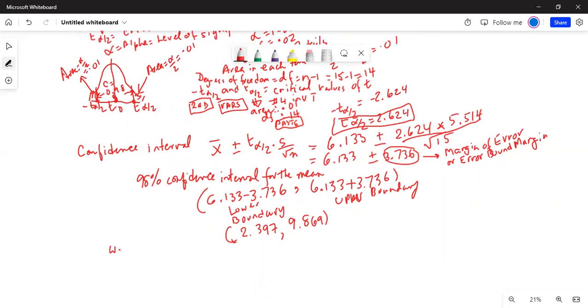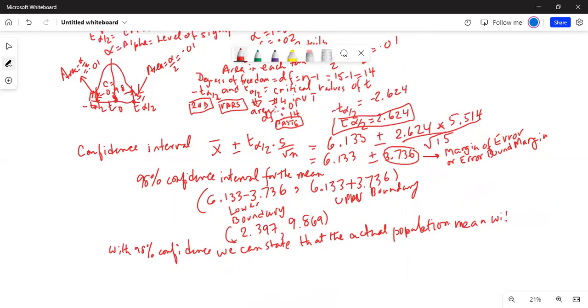So with 98% confidence, we can state that the actual population mean will fall between 2.397 and 9.869. Sorry, 9.869, not 8.869.